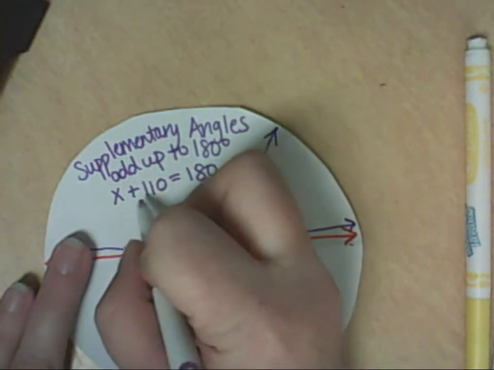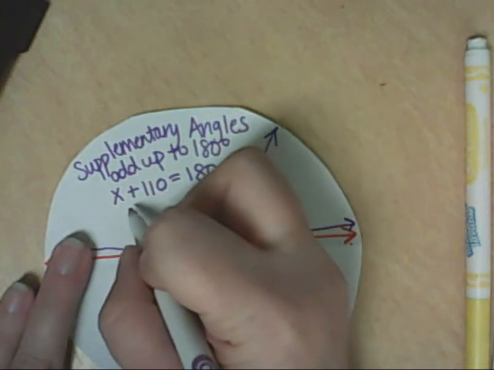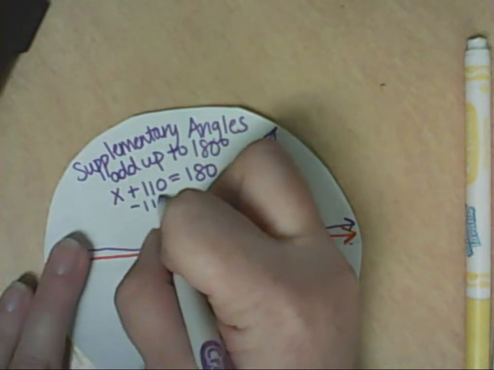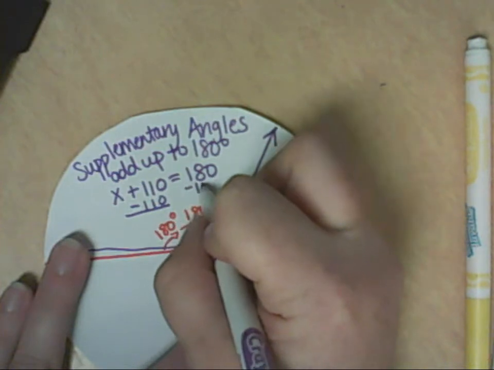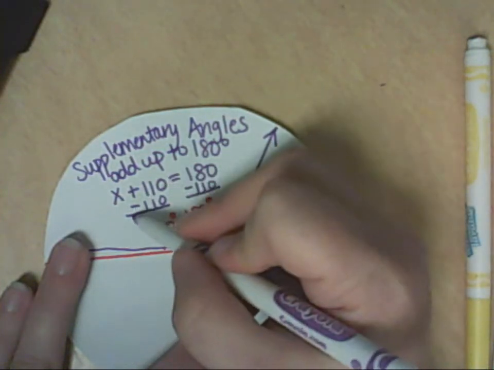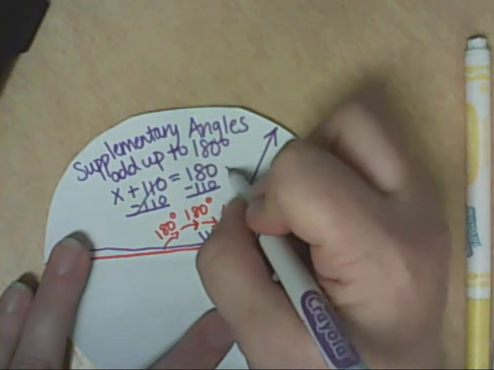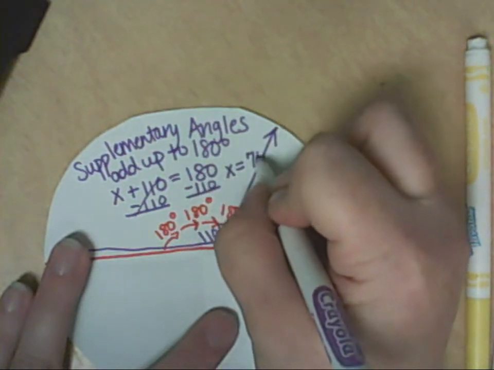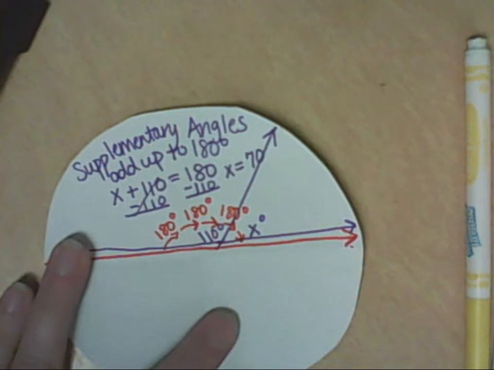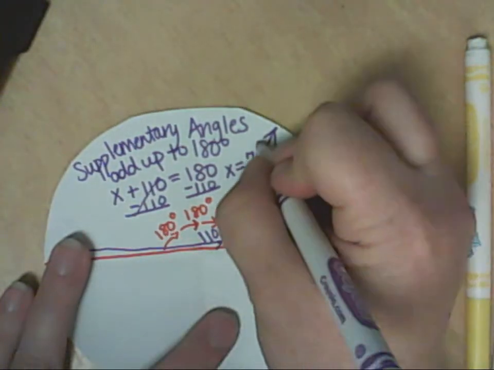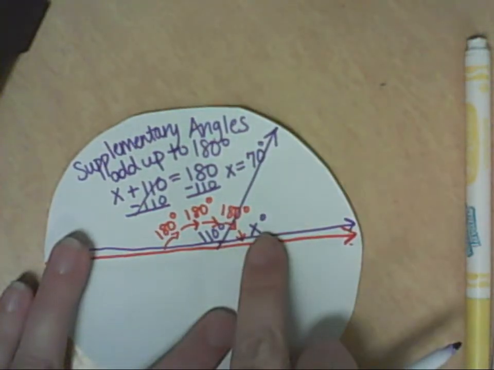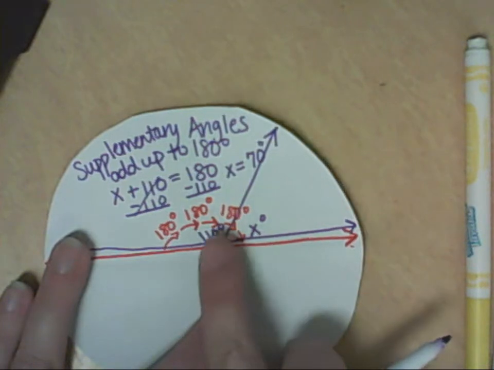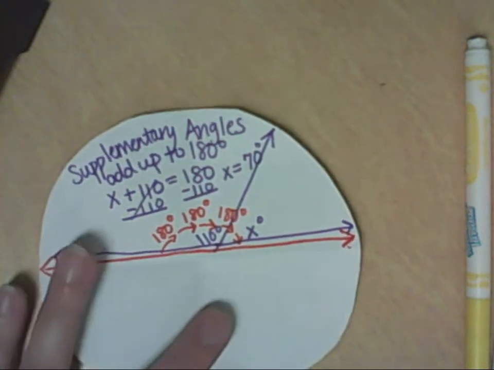The inverse is the opposite. The opposite of adding 110 is subtracting 110 on both sides. That cancels, leaving us x equals, and 180 minus 110 gives us 70. So x equals 70 degrees. So this missing measurement right here is 70 degrees.